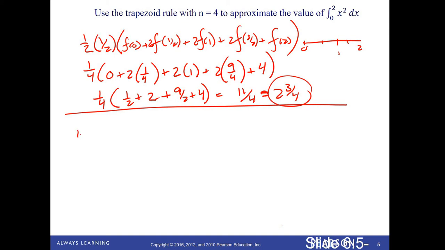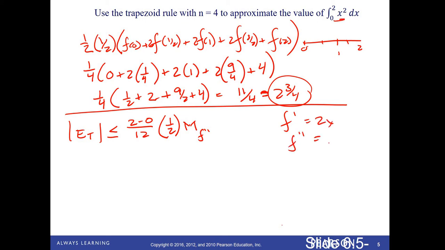Let's look at our error. The error of our trapezoidal approximation to the actual has to be less than or equal to my interval, 2 minus 0, divided by 12 times my h value, my dx, times the maximum value of f double prime. So let's find f double prime. F prime is 2x, f double prime is 2.